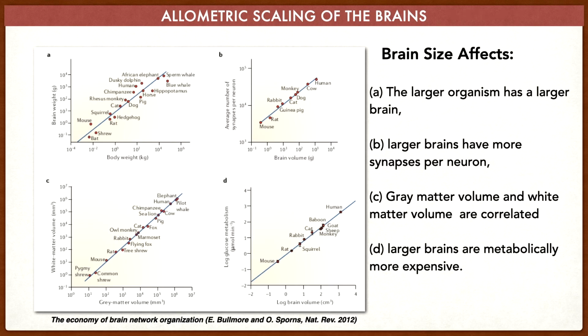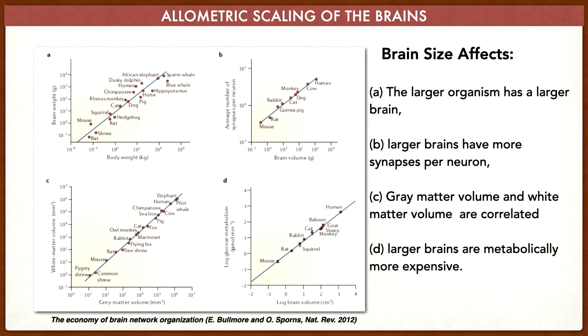So what are gray matter and white matter? Gray matter are actually the brain regions, and white matter are the fibers connecting these gray matter, or brain regions. And brain volume is correlated with glucose metabolism. So the bigger the brain, the more energy it will require.